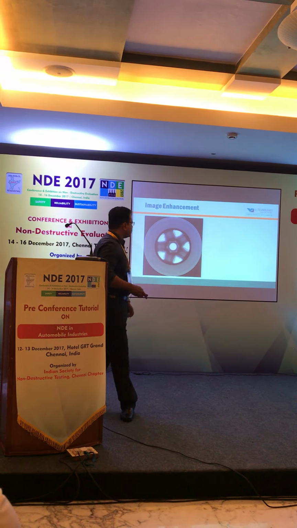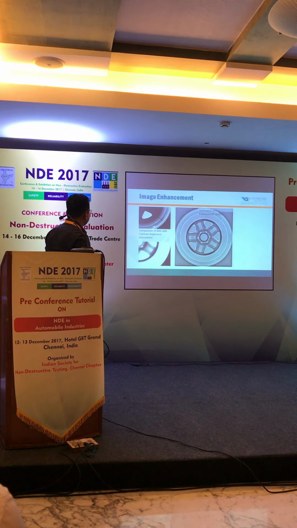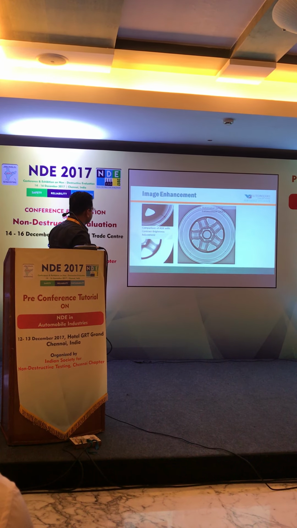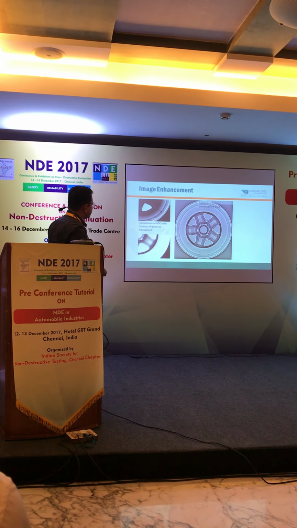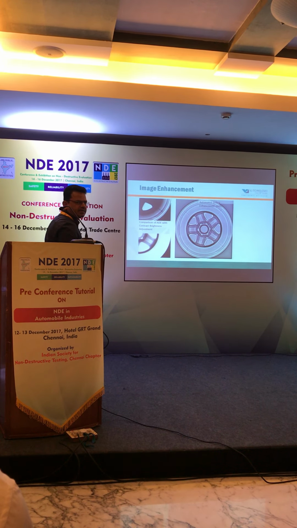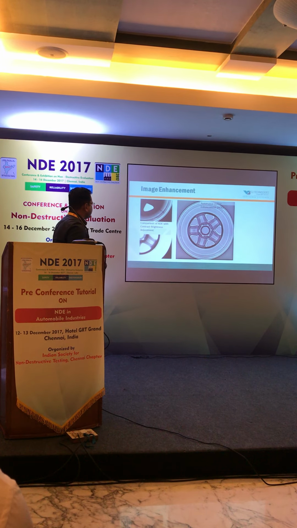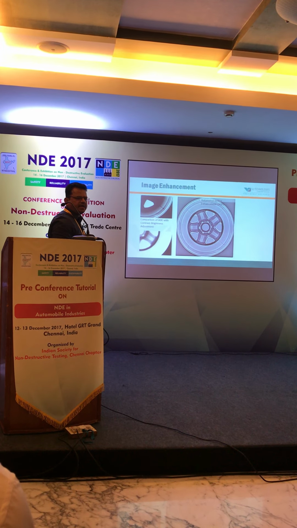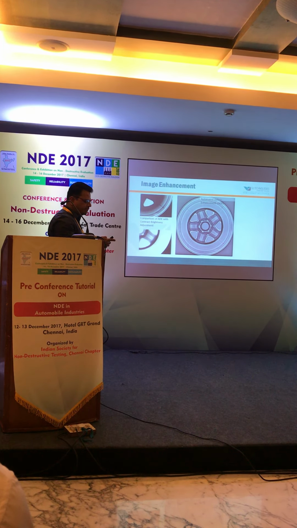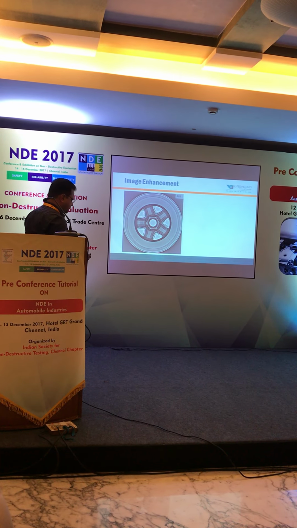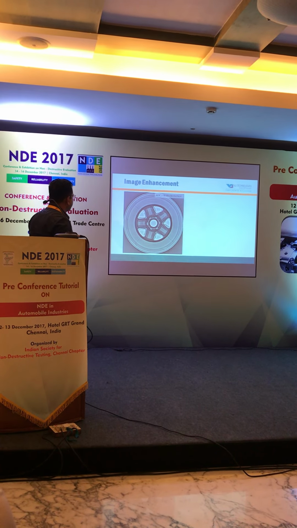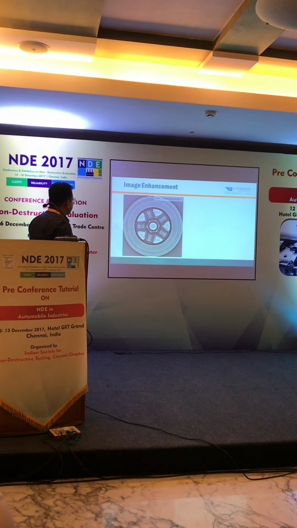You can see the comparison. You can see the defects. You see the difference when you apply the ADE. It's an example of a wheel system where the image is processed with the ADE filter. These are the defects. And ADE plus noise reduction.